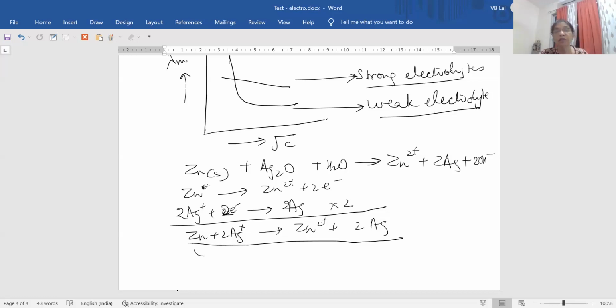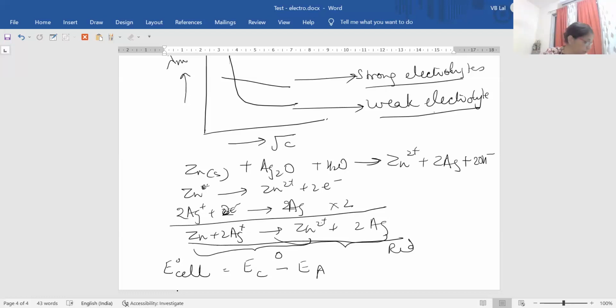So where is oxidation taking place? This is oxidation. And where is reduction taking place? This is reduction, right? So reduction will be the cathode, and oxidation will be the anode. So E0 cell will be equal to E cathode minus E anode. The values will be given to you, although they are not given here.